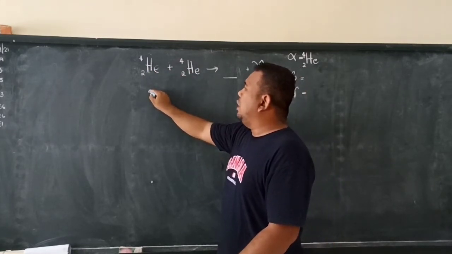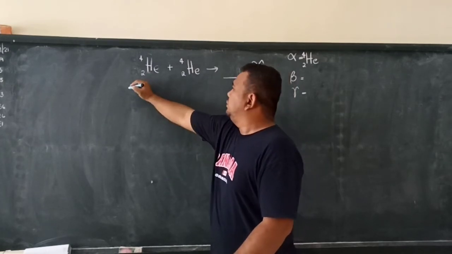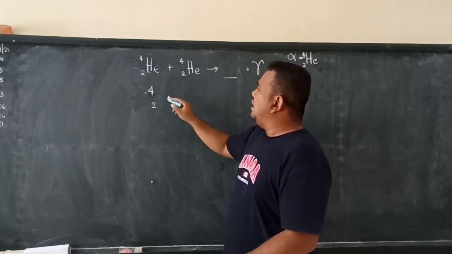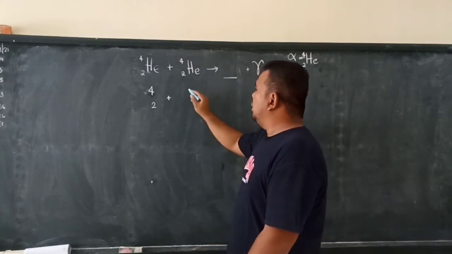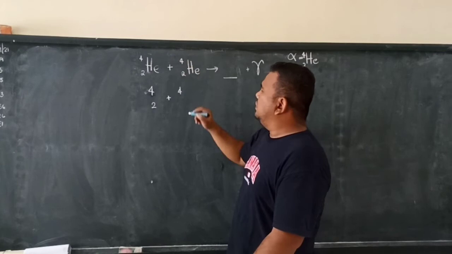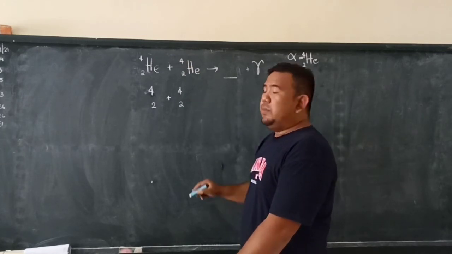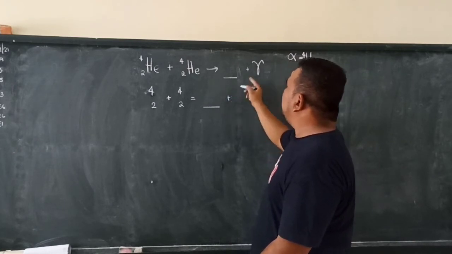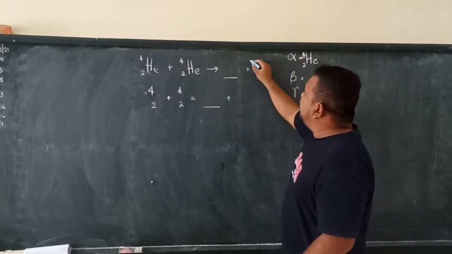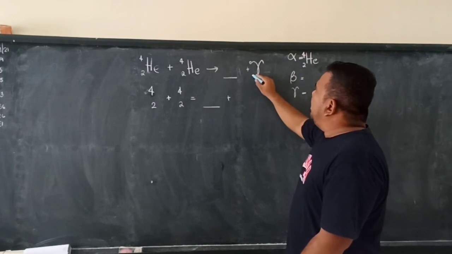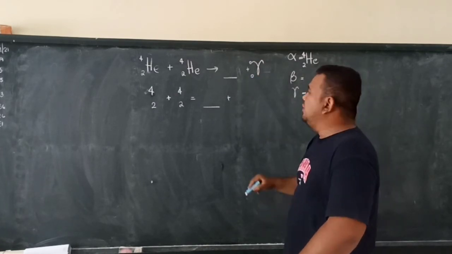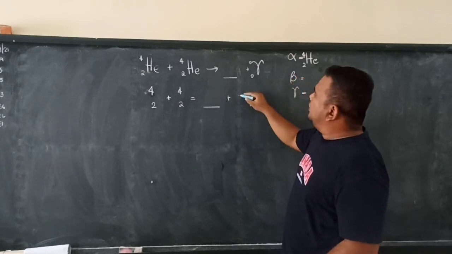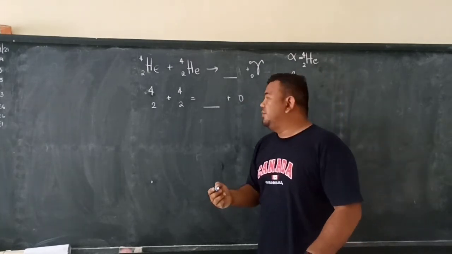So you have 4 nucleons, then you have 2 protons, plus 4 nucleons, and plus 2 protons will give you something plus gamma radiation. Since gamma radiation has no proton and no neutron, nothing is added, so let's just mark it as 0.